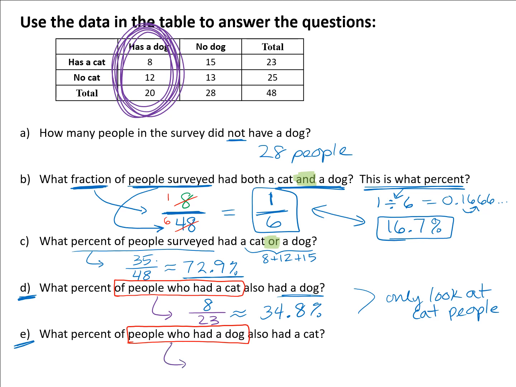I'm looking at 20 people altogether, and 8 of them had a cat. So that would be 8 over 20, converted into a percent by dividing and then multiplying by 100, which is 40%. So the percentage of people who had a dog who also had a cat is 40%. We're only looking at the dog people.